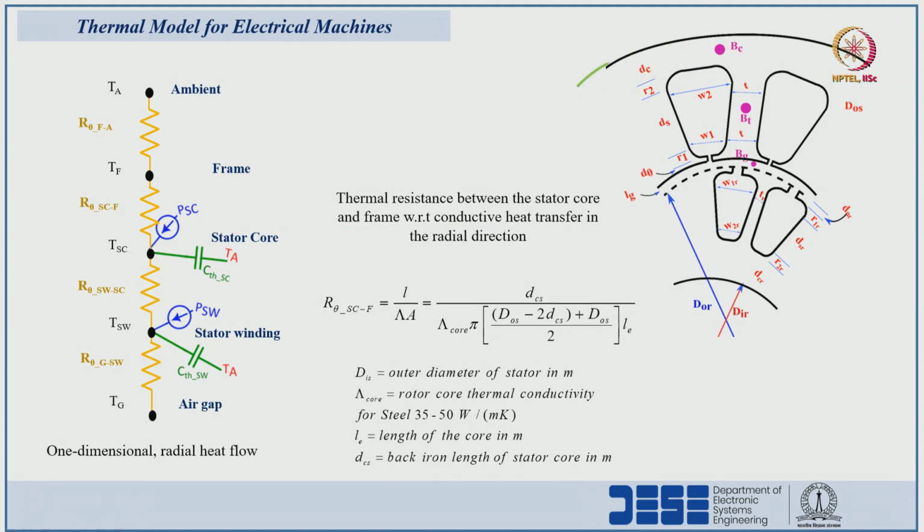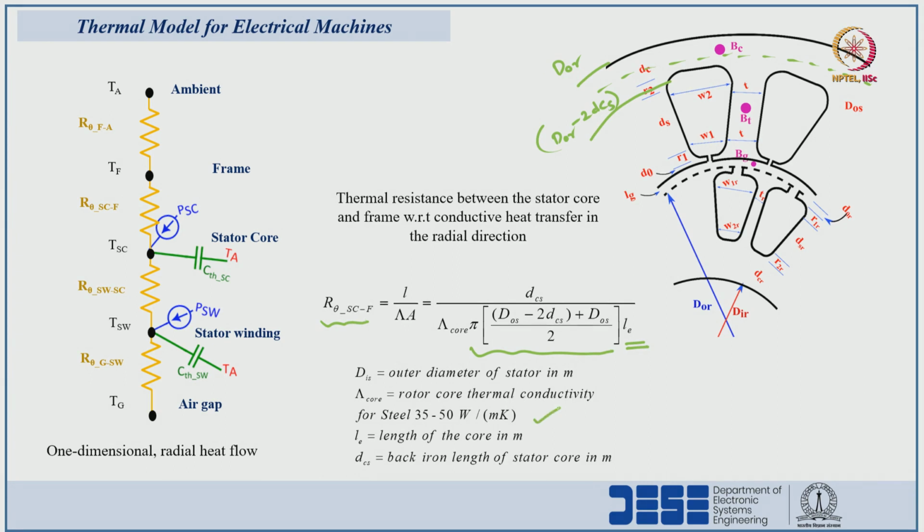We can see this is the outer diameter d naught r, and this is the diameter d naught r minus 2 dcs. So, in order to calculate the mean diameter, we add these two and divide by 2, and pi into d represents the x axis length, the mean perimeter, into the length of the core, which gives the thermal resistance between the stator core and frame.